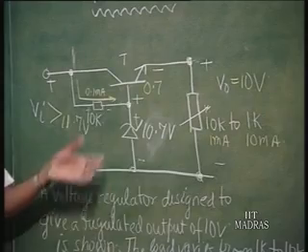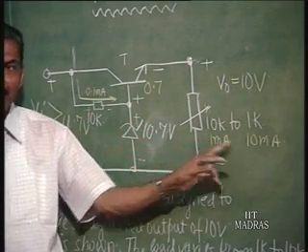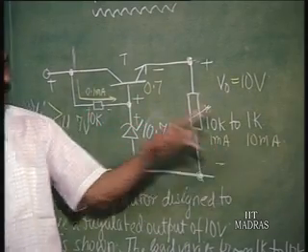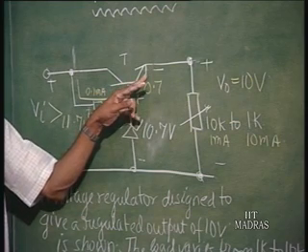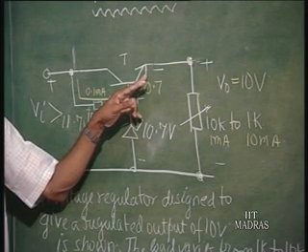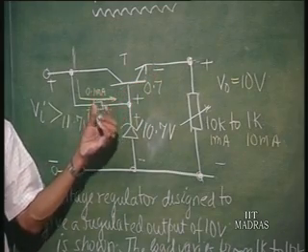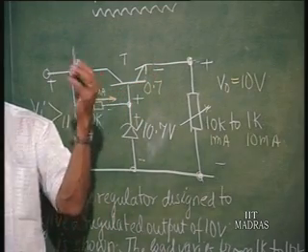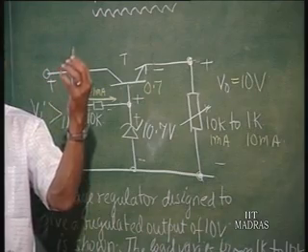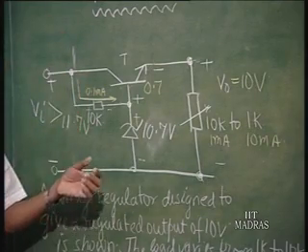Next, as we change the load from 1 milliampere to 10 milliampere, this current is going to change, and therefore, V gamma is going to change. V gamma is going to be, let us say, changing from 0.7 to some 0.706, something like that.